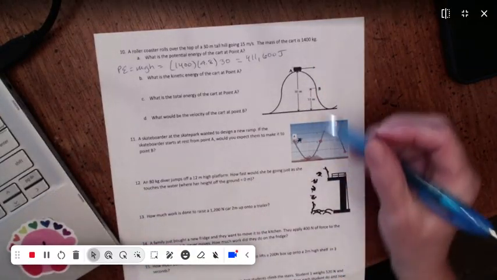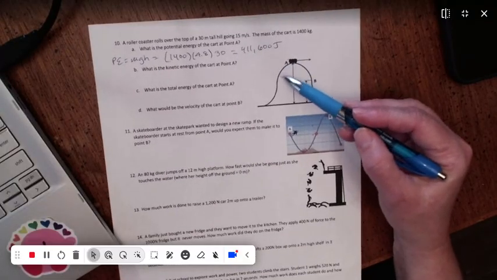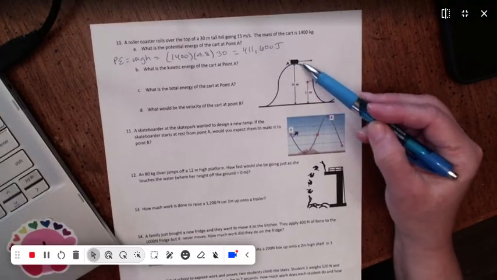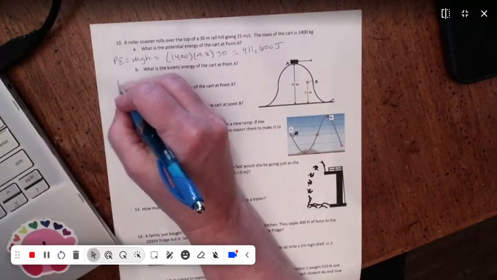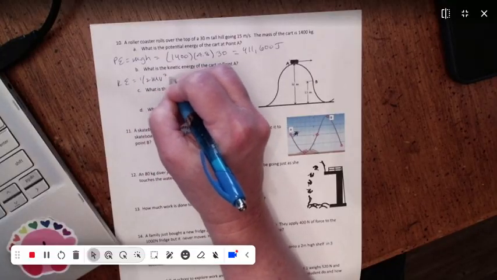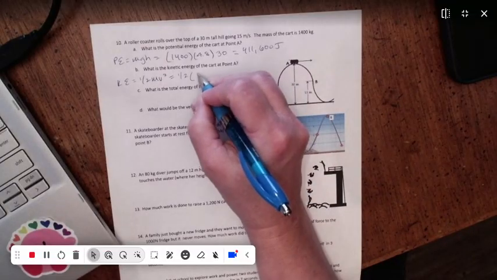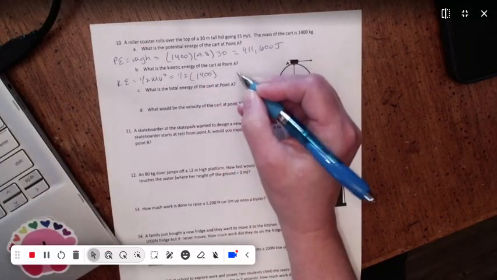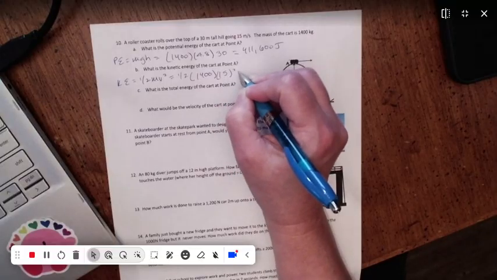So what is its kinetic energy at point A? Because in this scenario, it's moving at the top of this hill as well. So kinetic energy is 1/2 times m times v squared. That's 1/2 times 1,400 times 15 meters per second, and I have to square that.